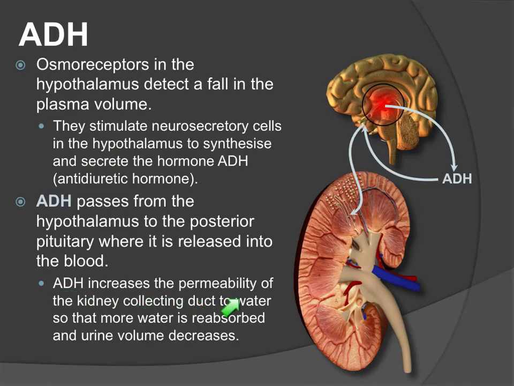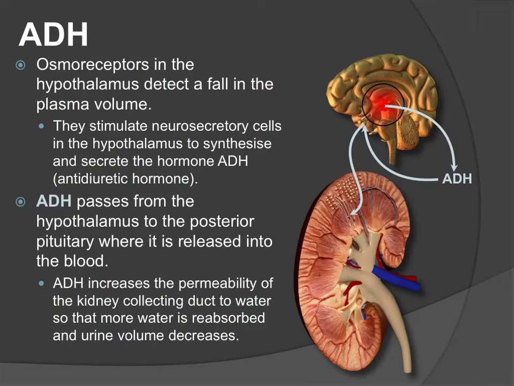ADH, when it is released into the blood, acts on the kidney itself. If you remember back to the collecting duct, which was the last part of the duct in that nephron, it increases the permeability of it. In other words, it increases these tiny little holes found within it. We've touched on that before.